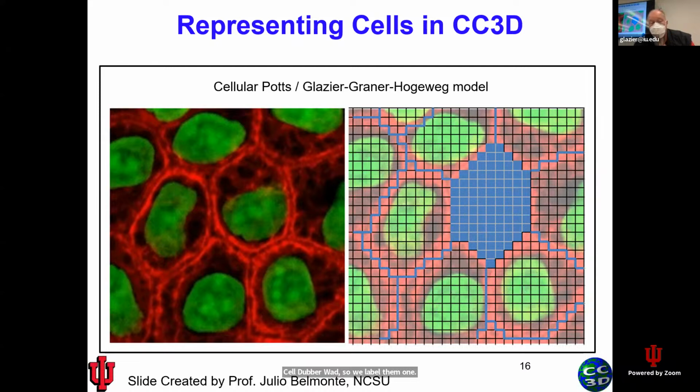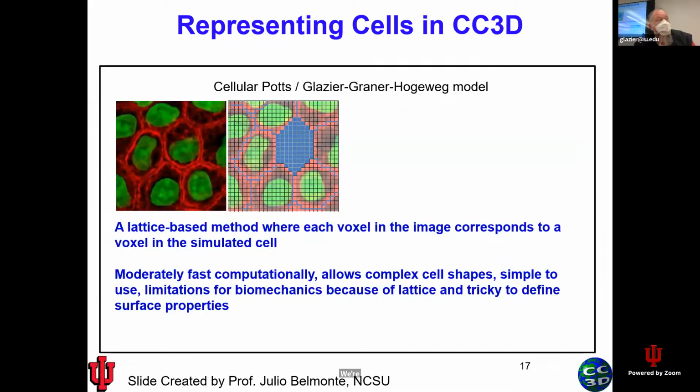All the voxels in cell number 3, we label 3. And so we go directly from the voxel image of the experiment to the voxel image of the simulation. Of course, we may make the simulation resolution maybe a little bit higher or lower than the one in the experiment, but conceptually, we're mapping a voxel image from an experiment to a voxel image in the simulation.